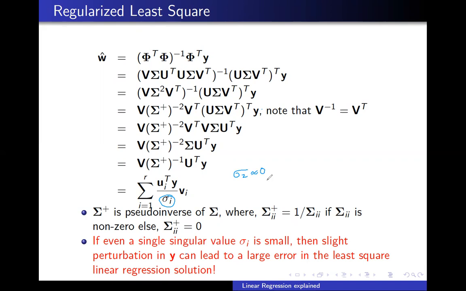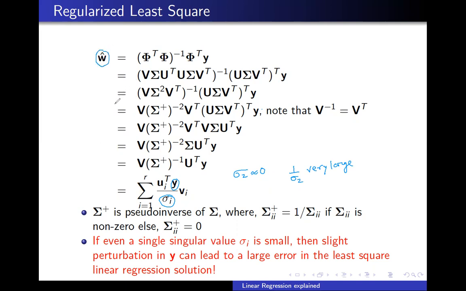That means 1 by sigma 2 will be very large. So if you change your y just a little bit, because 1 over sigma is very large, a mild change in y might drastically change your coefficient vector w.